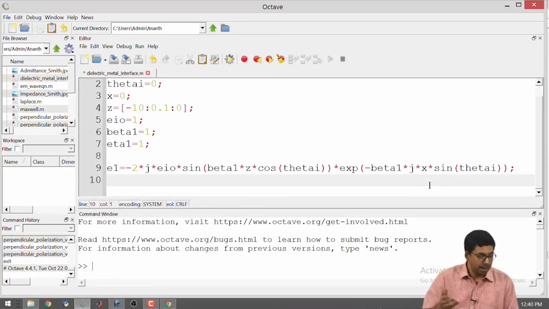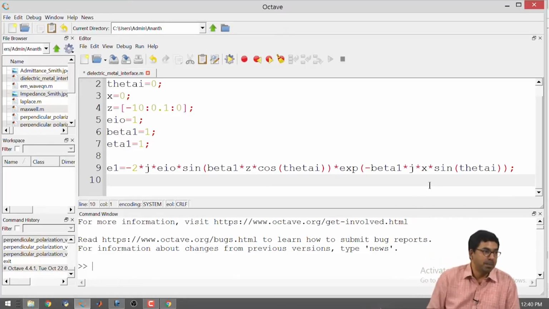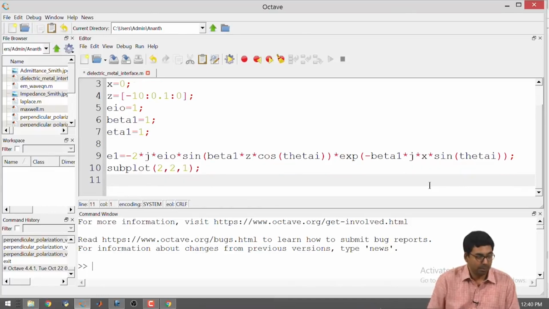I want to start creating some plots. I will divide the screen into 4, because I have E, Hx, Hz, so I need at least 3. One spot will be vacant, so that is fine. So, I will just make a subplot, 2 rows, 2 columns. The first plot that I want is of the electric field.